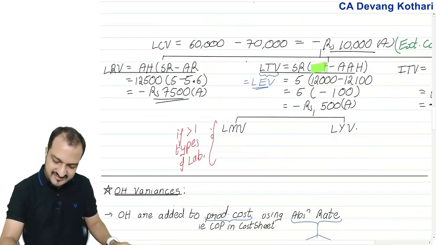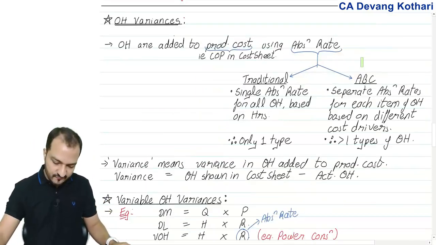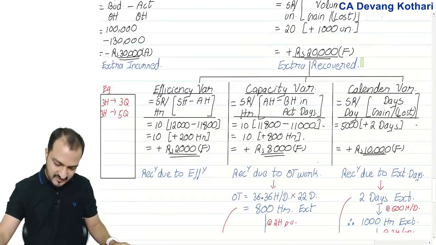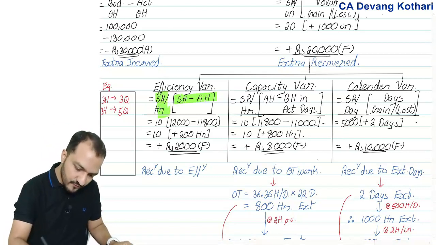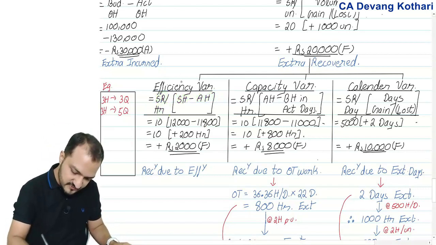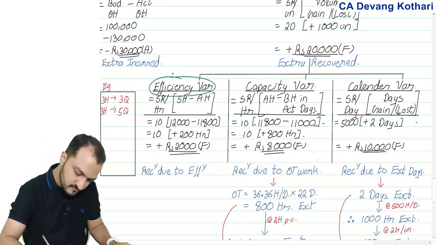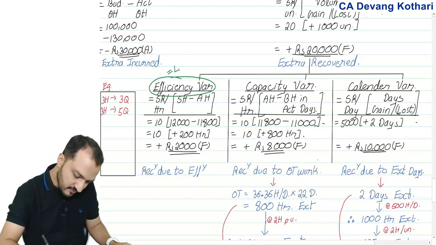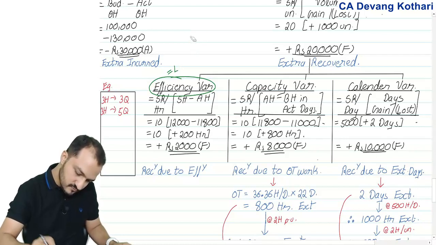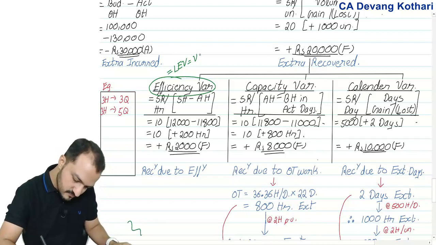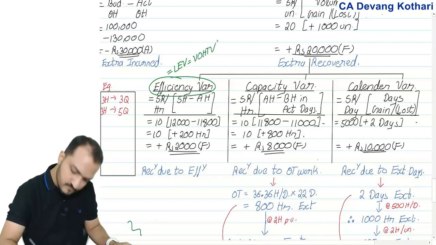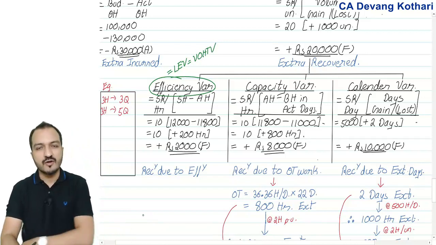Here also you did standard hours minus actual hours, into standard rate per hour. So my formula for efficiency variance under fixed overheads is the same as labor efficiency variance, the same as variable overhead time variance. All of them are basically the same kind of variances.